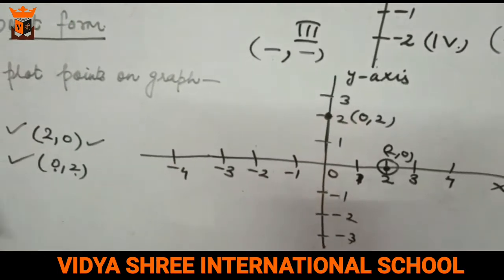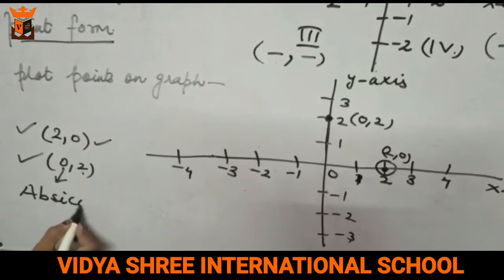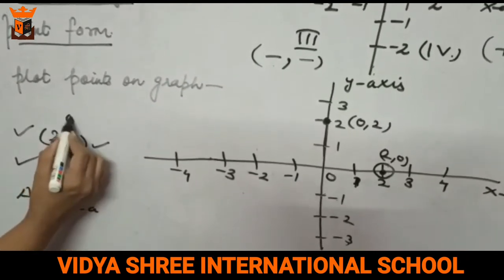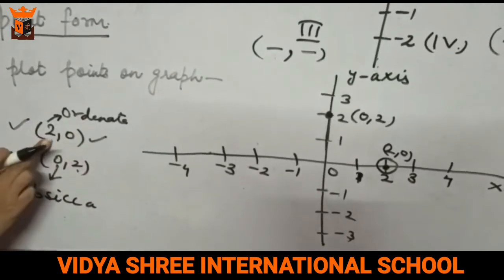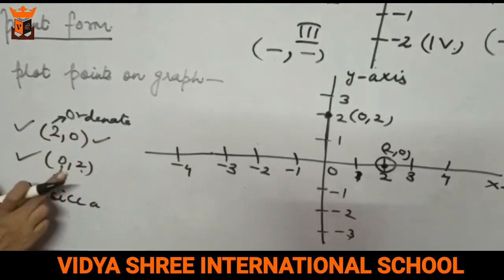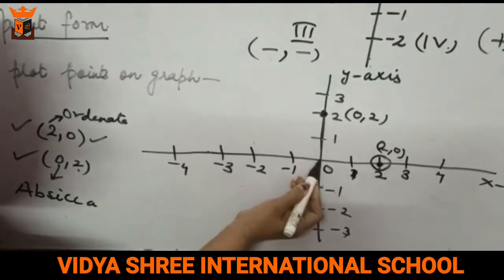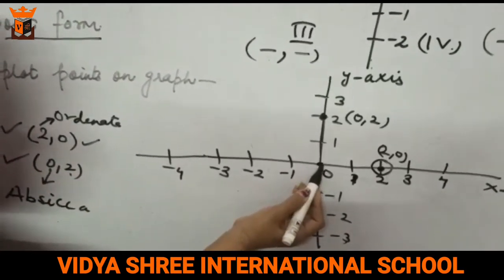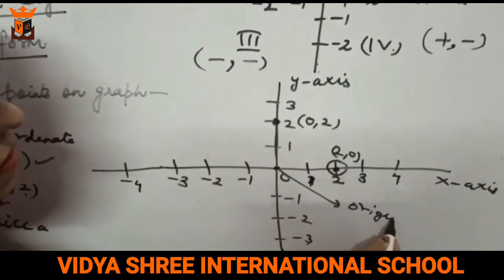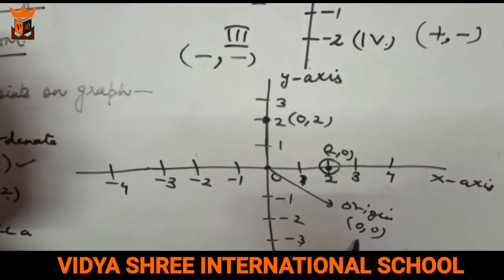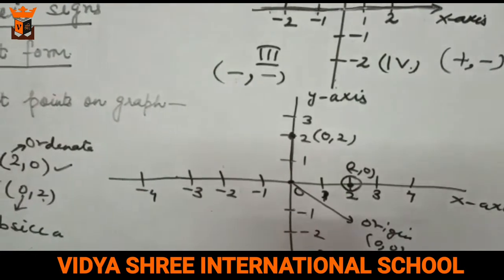This is the x coordinate. x coordinate को हम बोलते हैं एब्सिसिया और y coordinate को हम बोलते हैं ऑर्डिनेट. y coordinate is called ordinate, x coordinate is called abscissa. The point where these two lines intersect, x axis and y axis, is called origin. That is 0 0 means x coordinate is 0, also y coordinate is 0.